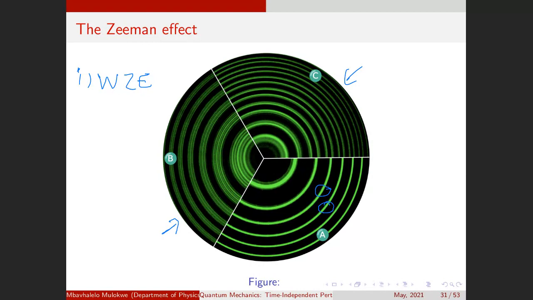So weak in comparison to what? There will be the external field that you set up. But remember that when we're looking at the fine structure, you have the electron, which is a charged particle, moving around a nucleus. So it also sets up some internal magnetic field, which is what I calculated.